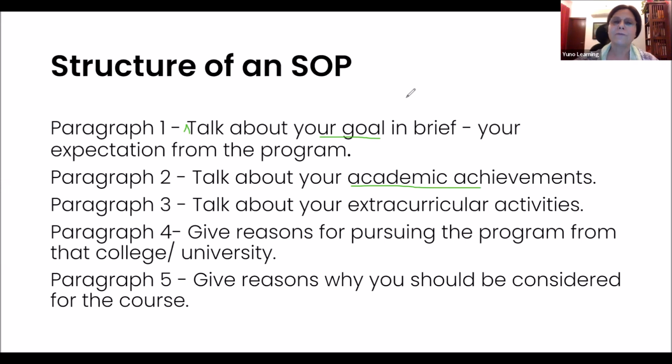But it should not be full of grammatical mistakes, where everywhere the person notices tense mistakes, subject-verb agreement mistakes. That should not happen. So that's why you should get it corrected also. Get it checked. As I told you earlier, there have to be many drafts of the SOP, the first draft, the second draft, the third draft, and then finally it's ready. That's how it has to be done.